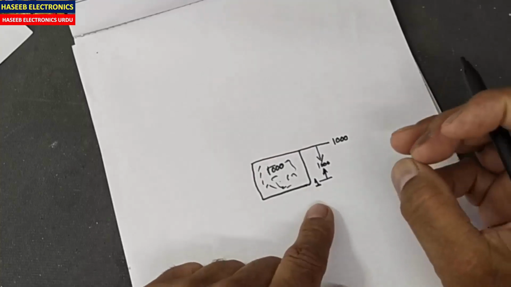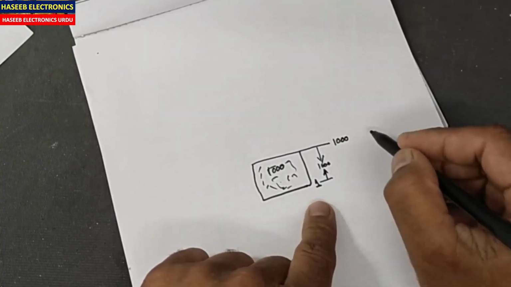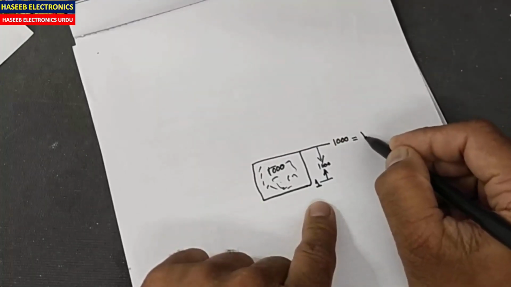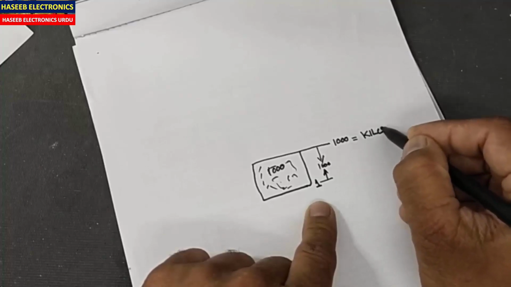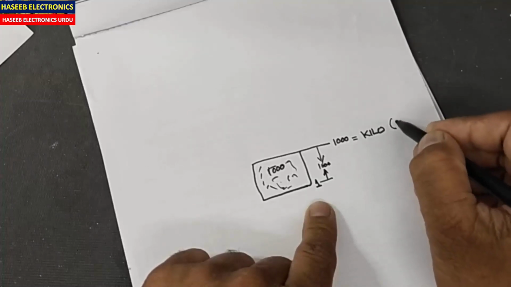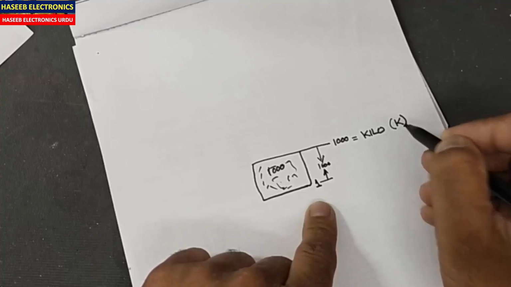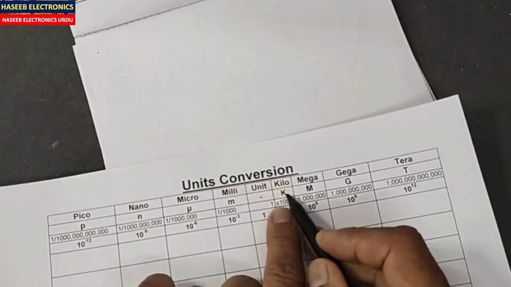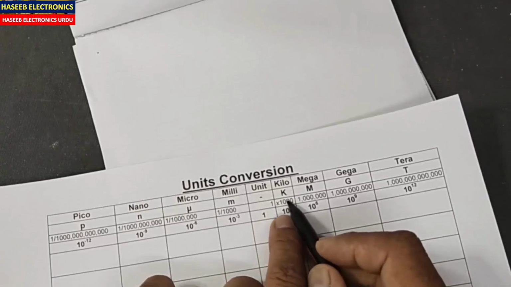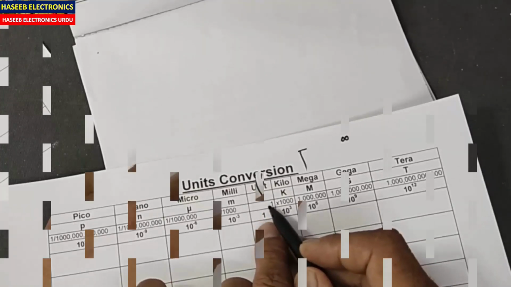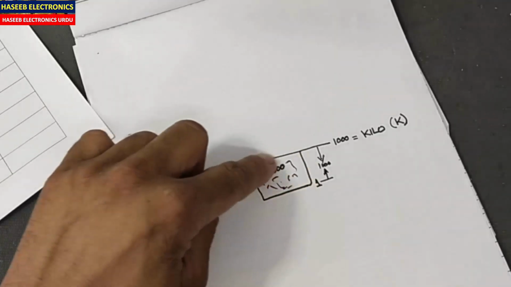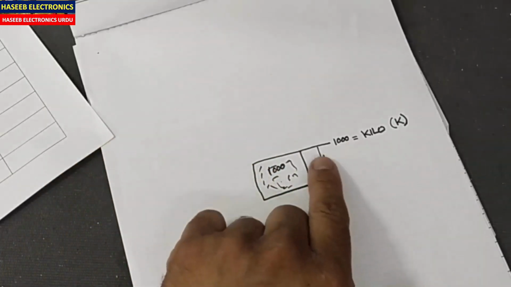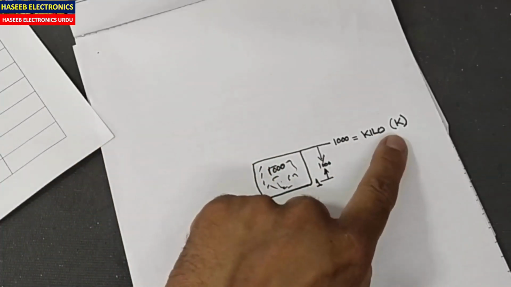To simplify these numbers, it is called kilo, and it is abbreviated with the letter K. When we say 1K, that means it has 1000 units. When it is filled with 1000 units, it is called a kilo, 1K.